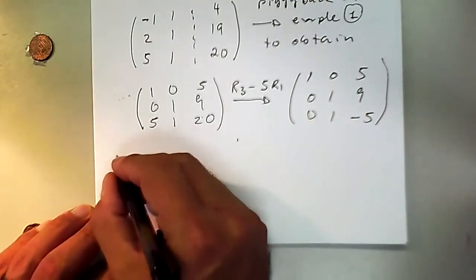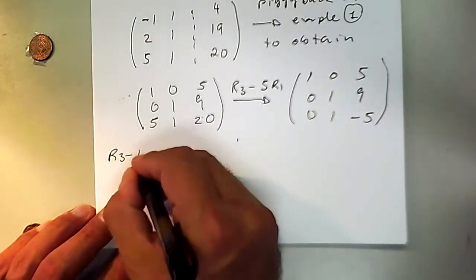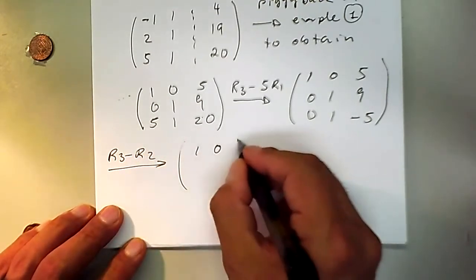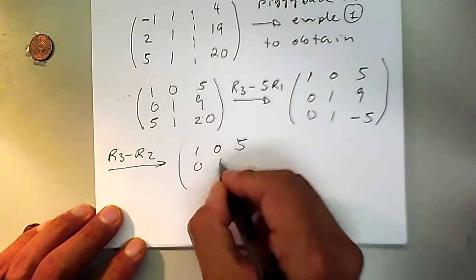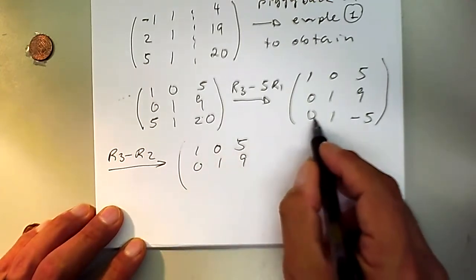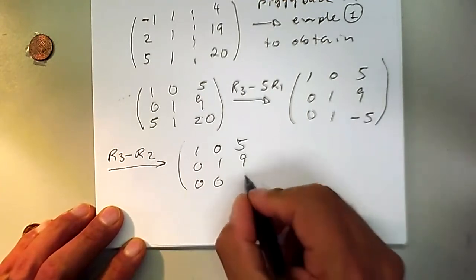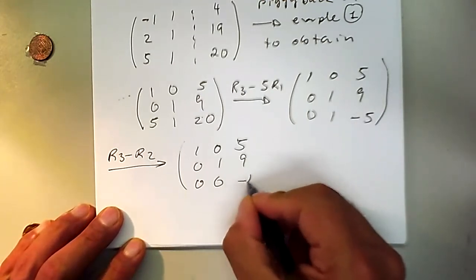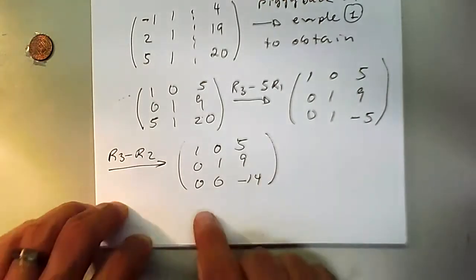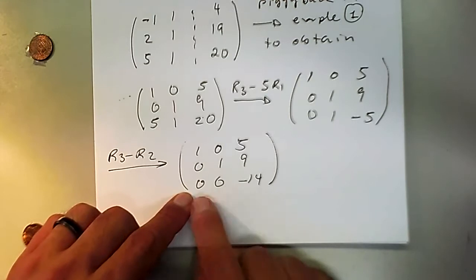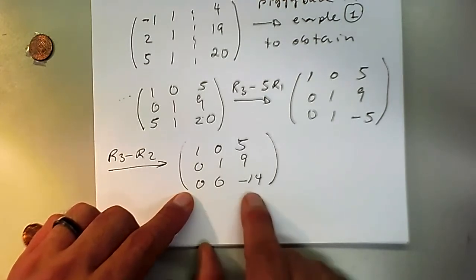So row 3 minus row 2 will give us 1, 0, 5, 0, 1, 9, and then 0, 0, negative 5 minus 9 is negative 14. So no m's plus no b's, which is 0, equals negative 14.